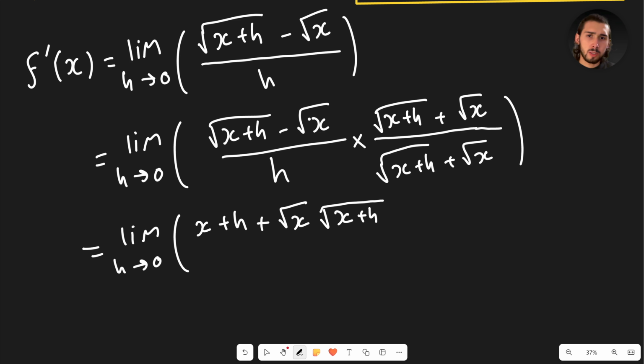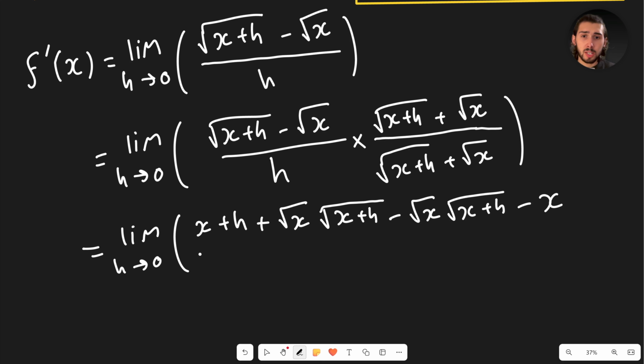And then I'm going to do the inside functions. And so that's just going to be the negative of what we just had there, so minus the square root of x times the square root of x plus h. And finally, if I do the last functions, I'll have minus the square root of x times the positive version of the square root of x, which would just give me minus x.